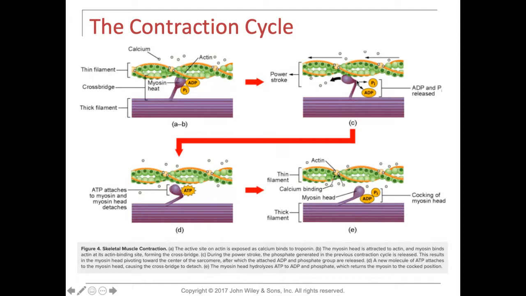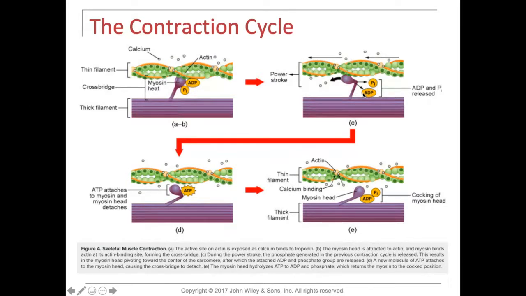Now notice that here, the myosin head now flicks. It moved the actin. It created a contraction. They call it the power stroke. Now, in order to release it, look, the ADP and that additional phosphate join, forming ATP.